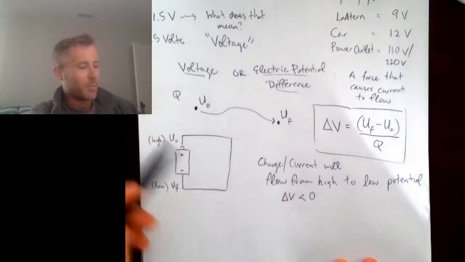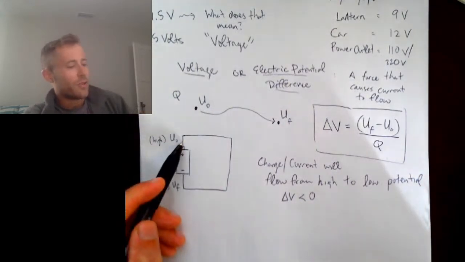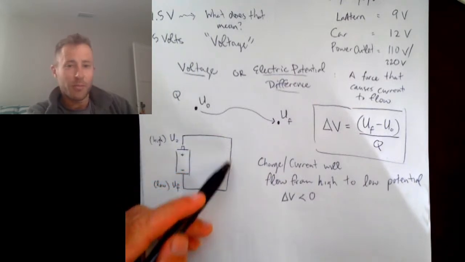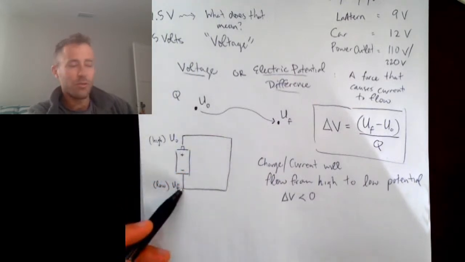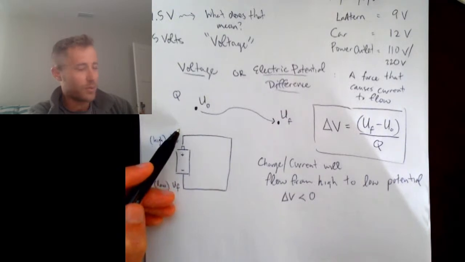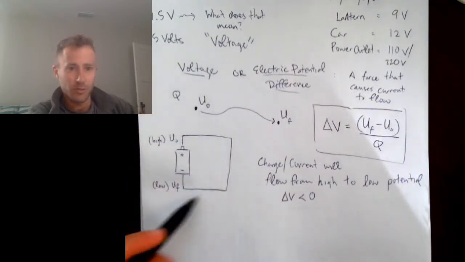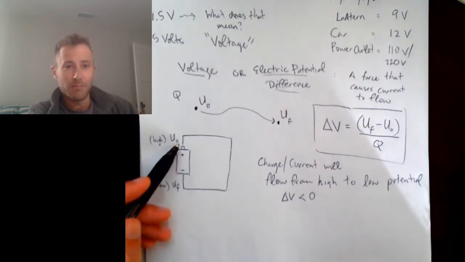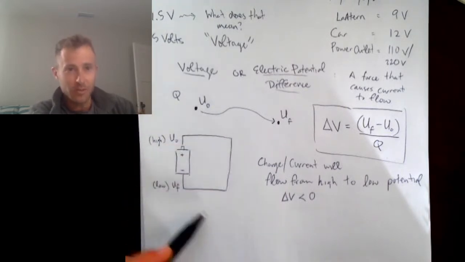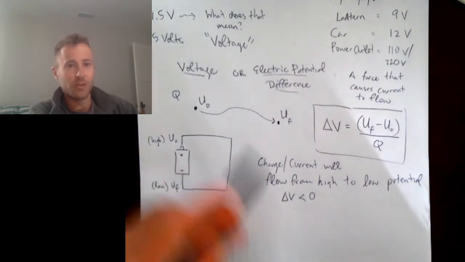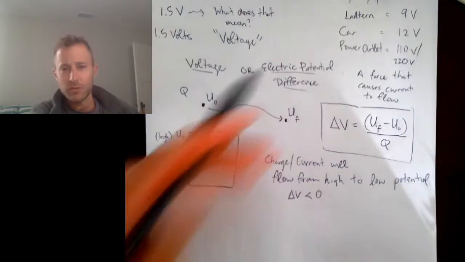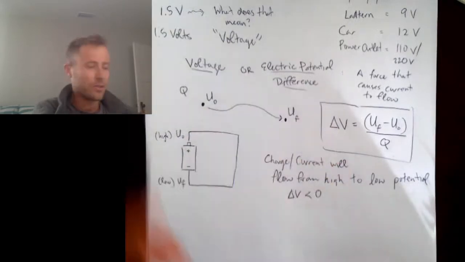So what happens is the current flows out the positive terminal of the battery, the electric potential drops, or the voltage drops, if you will, as it goes. And then the battery builds the potential back up again, and then the cycle repeats. And so it just keeps going around and around and around. So that is electric potential difference, also known as voltage.